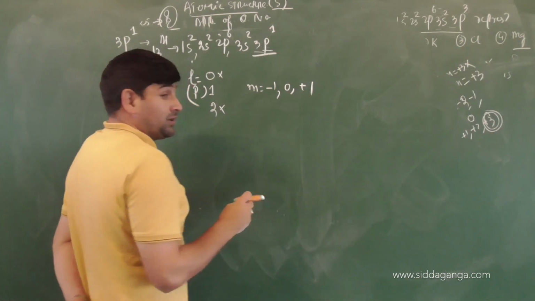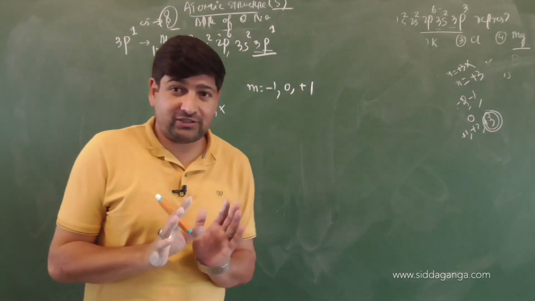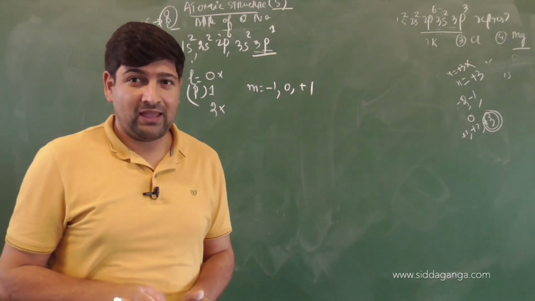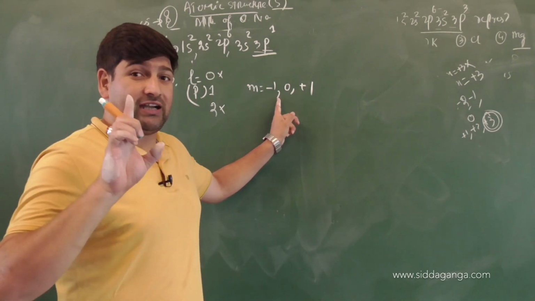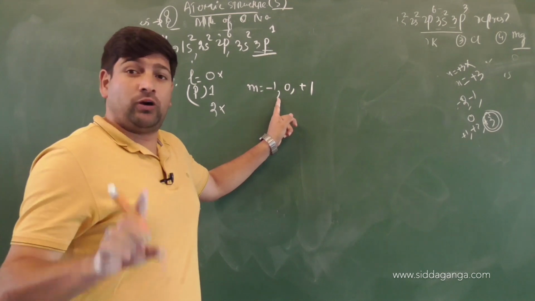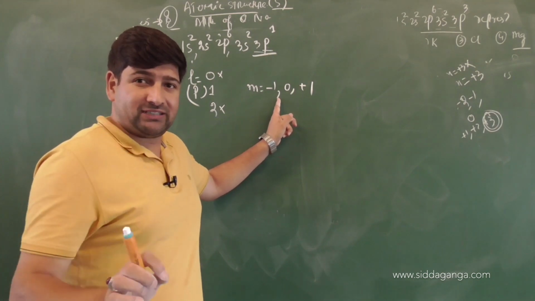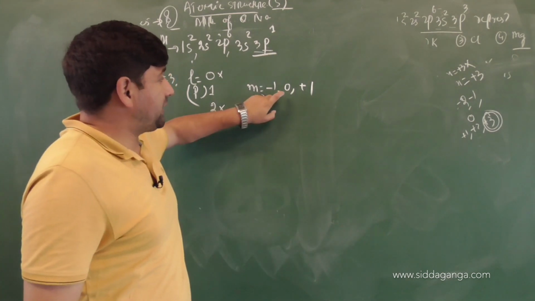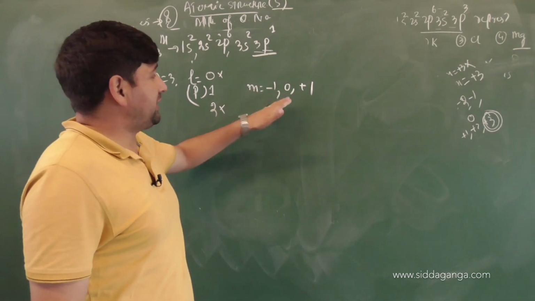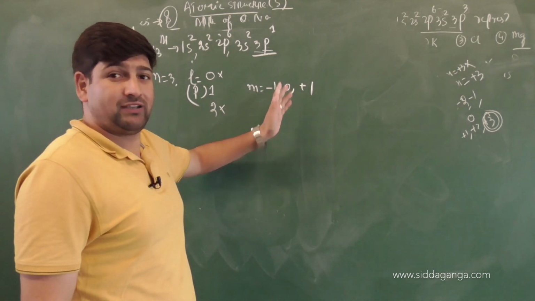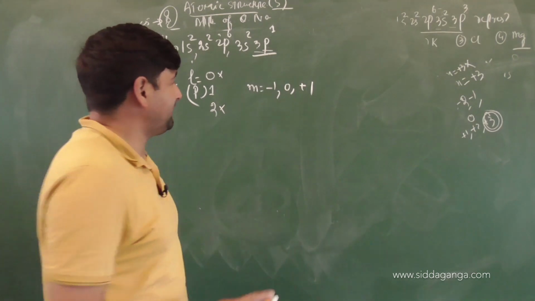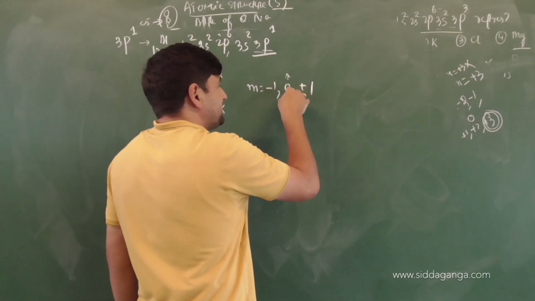Usually children, you need not think much about this. These types of questions are usually asked in IIT Advanced exams. For your basic NEET and JEE Mains exams, you need not break your head over which one represents Px, which one represents Py, which one represents Pz. Just for your understanding, 0 usually represents the z axis.